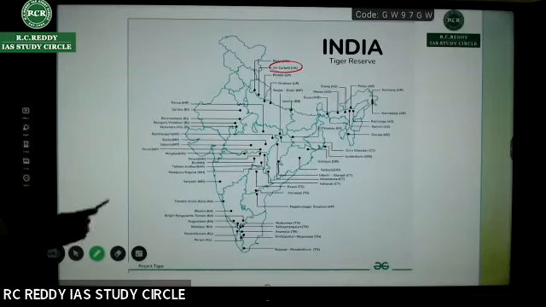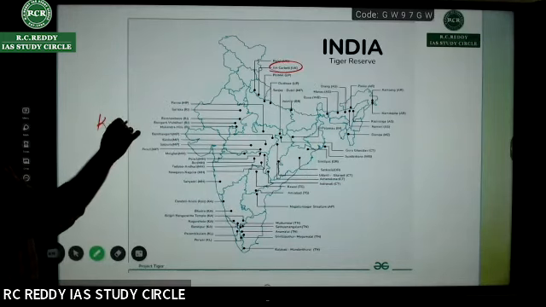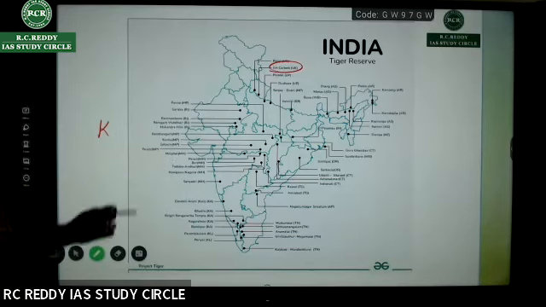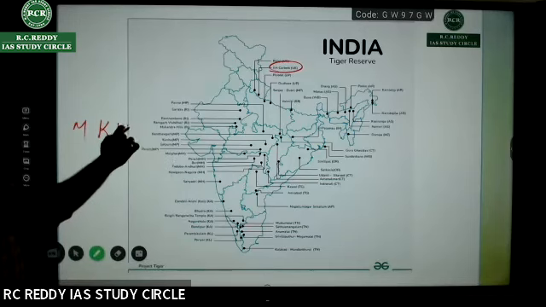And apart from that, if you look at the tiger population, the highest population is where? Karnataka or Madhya Pradesh? Madhya Pradesh. Second is Karnataka. Third is Uttarakhand. Right? Madhya Pradesh, Karnataka, and Uttarakhand. This is with respect to tiger population.